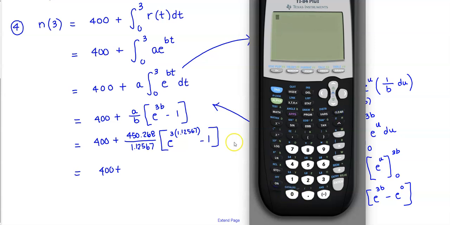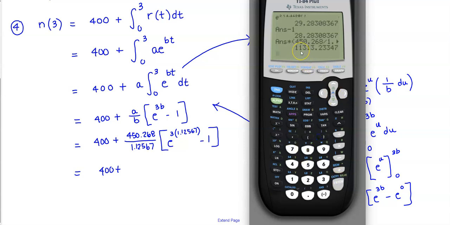So let's first do what's inside the parentheses. We have e to the 3 times 1.12567, and then we're going to subtract 1. And then we're going to multiply that by 450.268 divided by 1.12567.